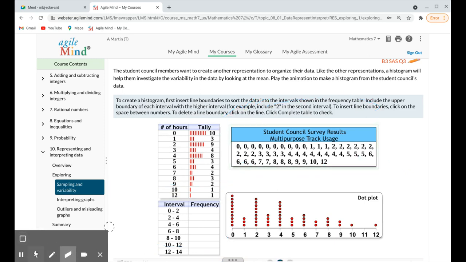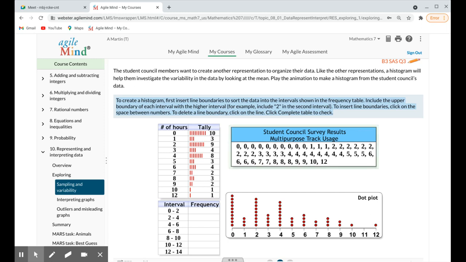If you look at this, would you please read this for us, Sophia? To create a histogram, first insert line boundaries to sort the data into the intervals shown in the frequency table.